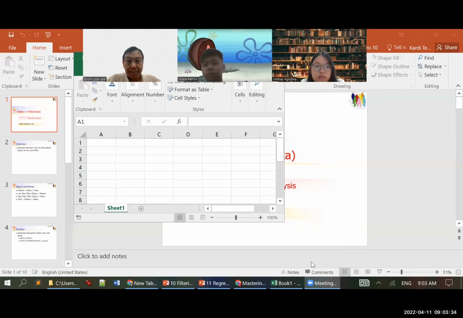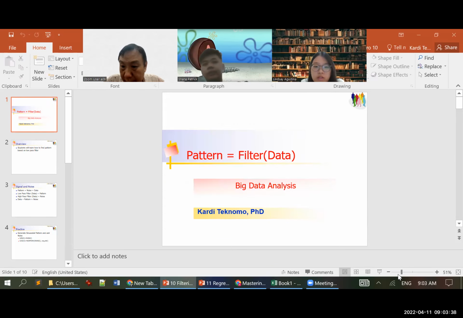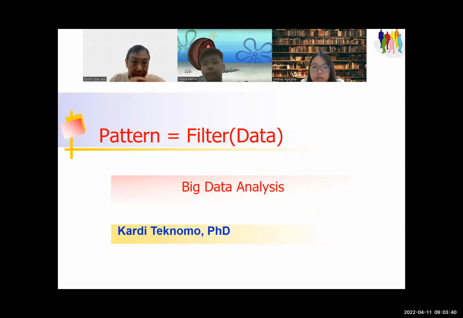I will share my screen now, the whole screen. So this is the slide, right? I will just say pattern equal to filter of the data.